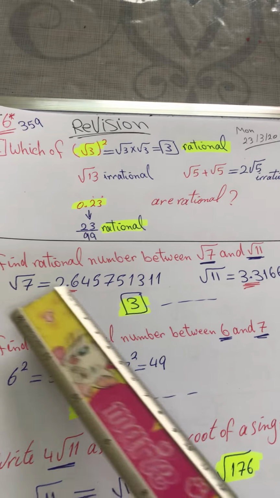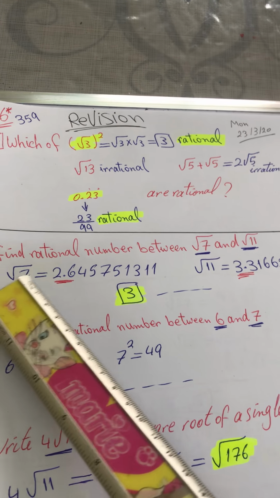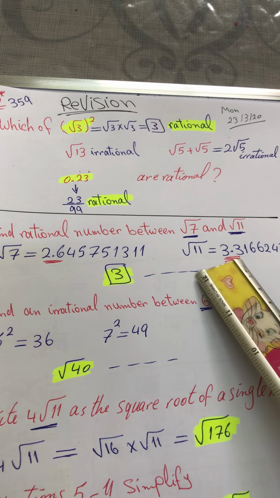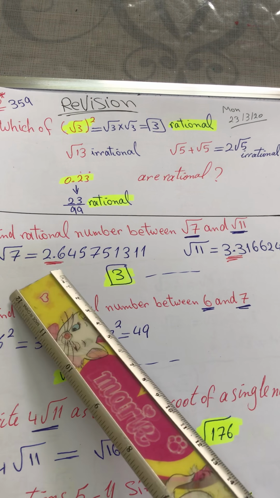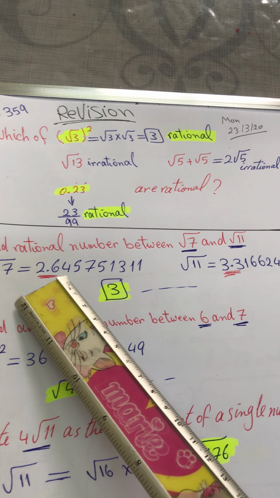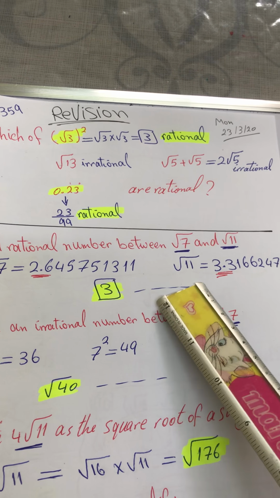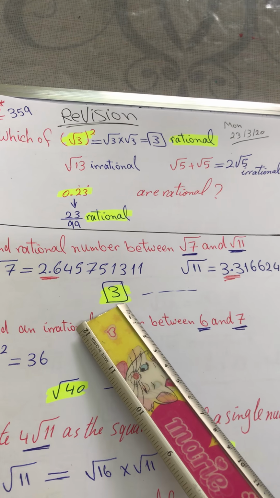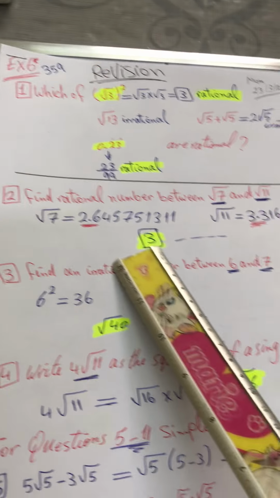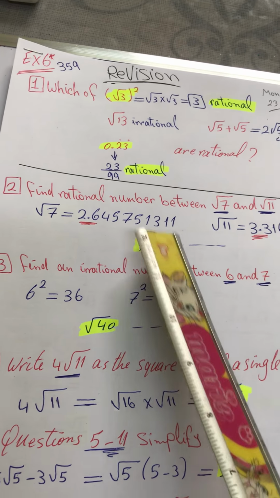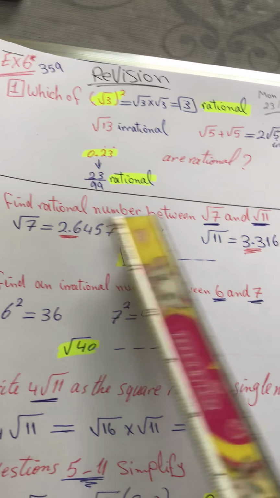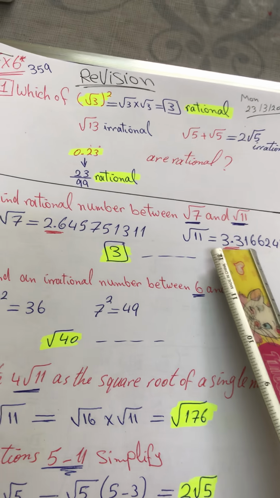Okay, so I can take a number between them. I have 2.6 and 3.3. We can take 3, we can take 2.7, we can take 2.8, we can take 2.9, we can take 3.1, 3.2. I prefer to take 3. This is my answer, and we can find a different answer but between 2.6 and 3.3.